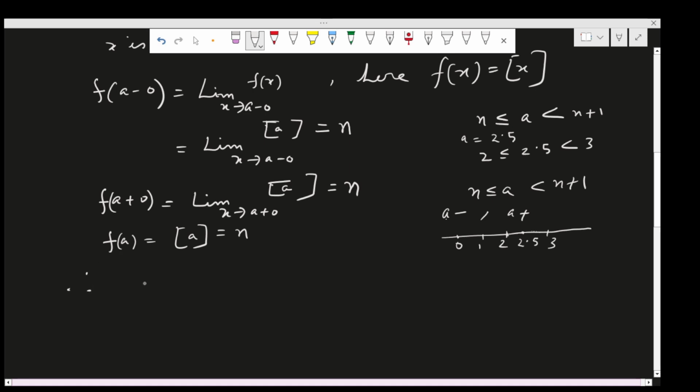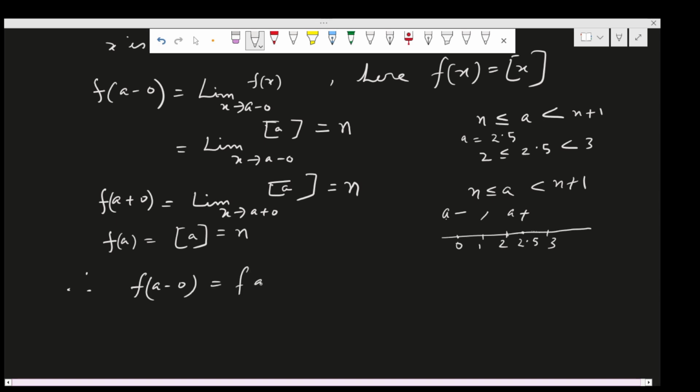Therefore f(a minus 0) is equal to f(a plus 0) is equal to f(a).